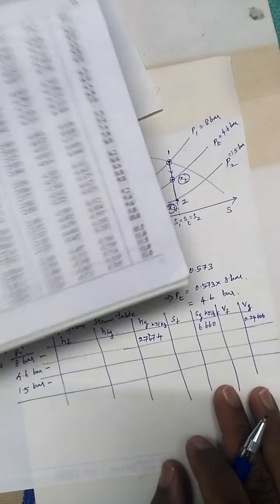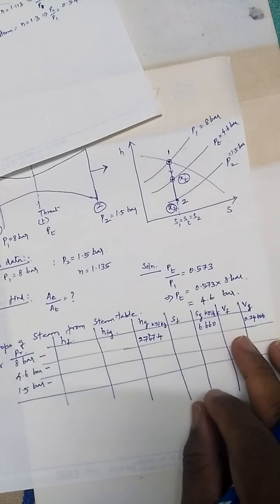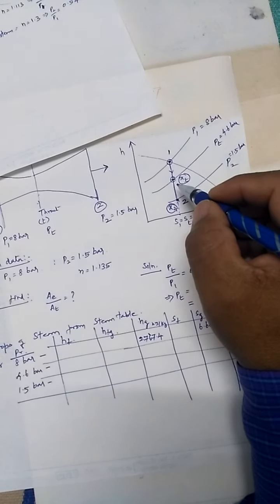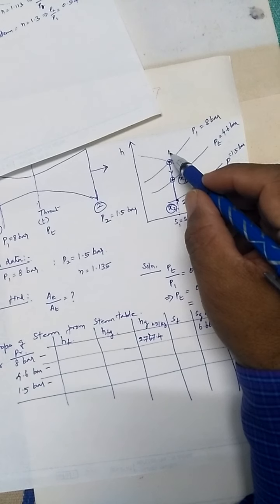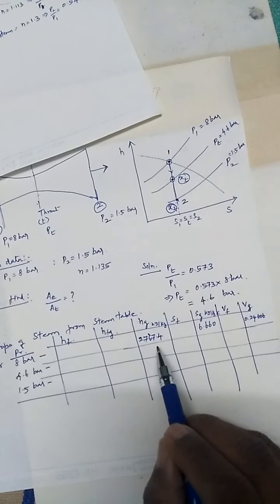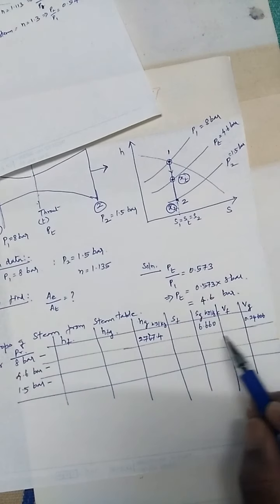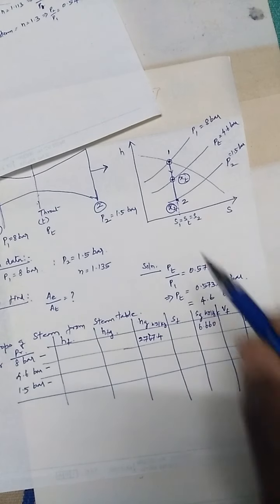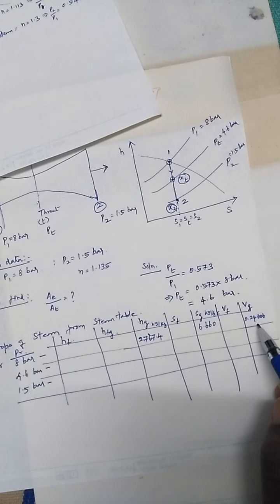After finding the values, we'll move on to get the values for the other 2 points, because we know the Hg value, and here Sg is S1, so that is also noted, and the Vg, the specific volume at 1, is also noted.